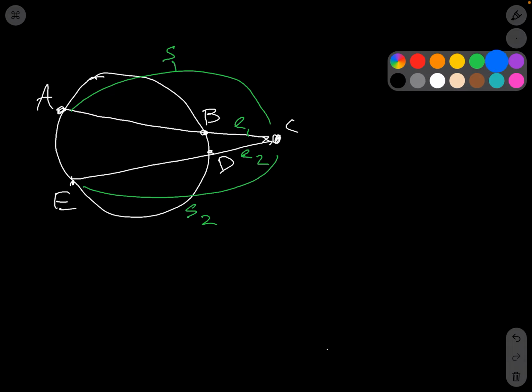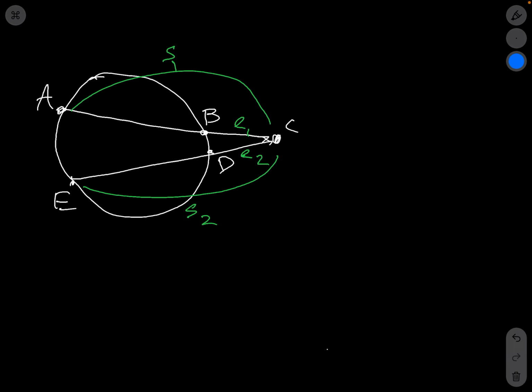Okay, so first we can draw auxiliary segments again. So we can draw E to B and A to D. And so my goal is to prove triangle ACD and triangle ECB similar.